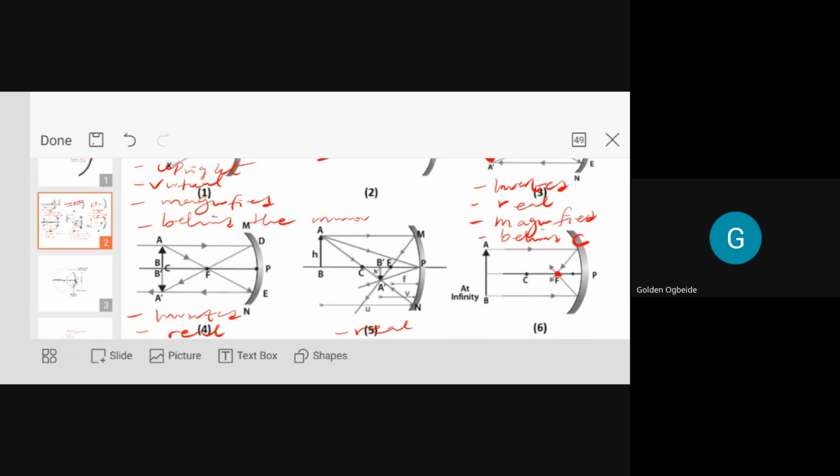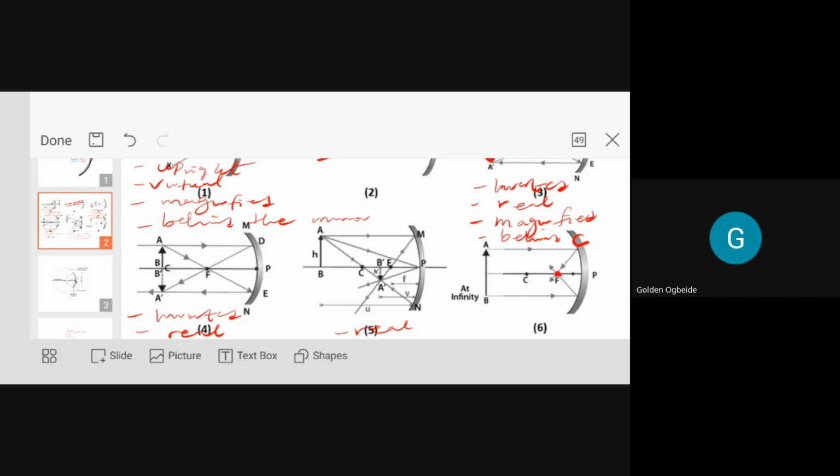But in a convex mirror, every image produced is always what? Virtual. The images produced in a convex mirror are usually what? Virtual. So it doesn't matter the position of the object. It doesn't matter where you keep the object.